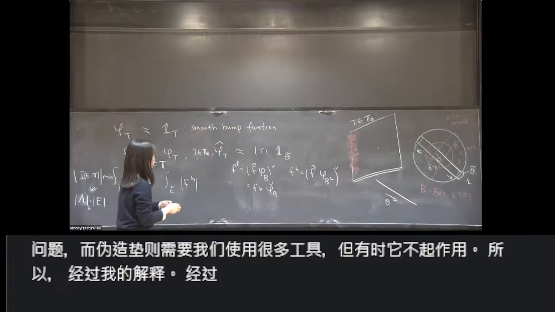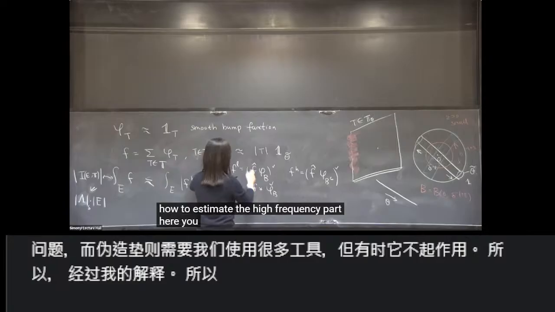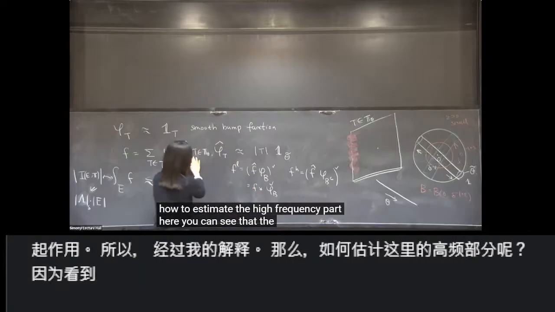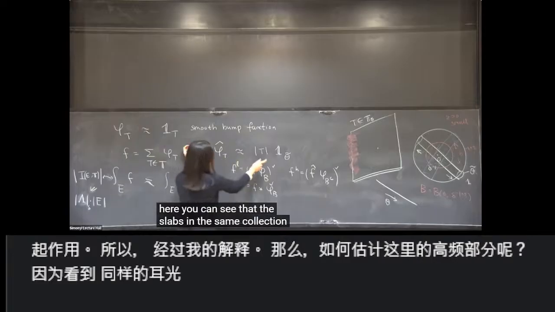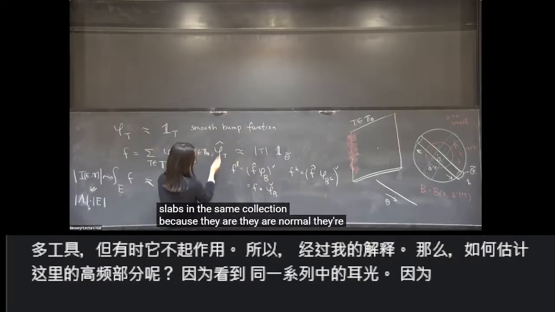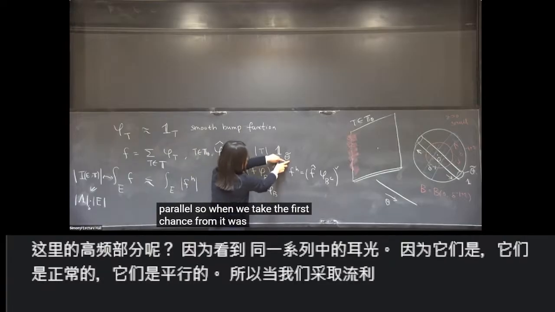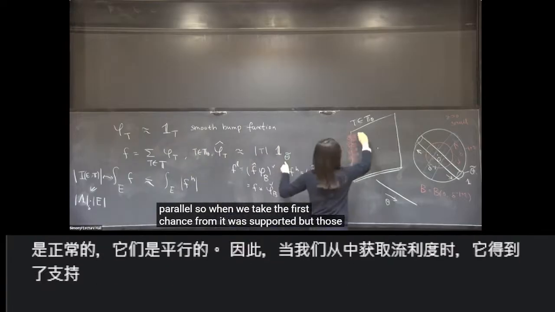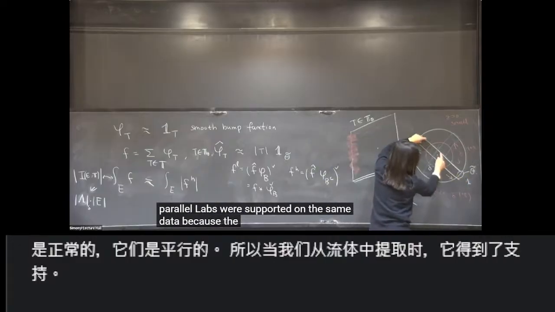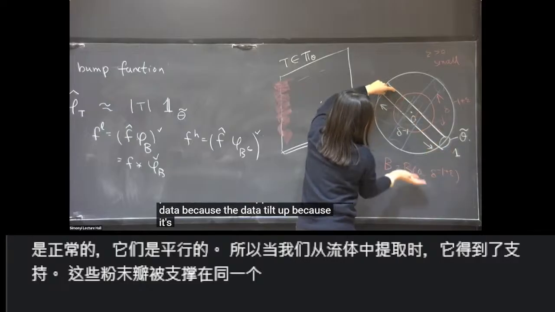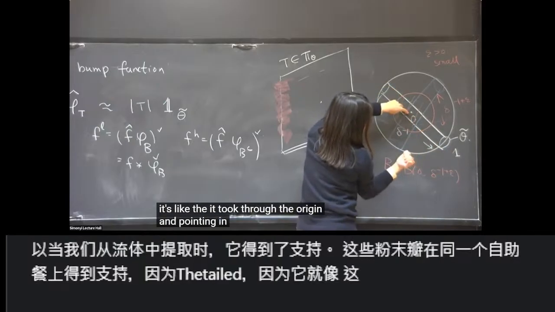So how do we estimate the high frequency part? Here you can see that the slabs in the same collection are parallel, because they are normal to the same direction. So when we take the Fourier transform, those parallel slabs are supported on the same theta tilde, the tube through the origin pointing in direction theta.